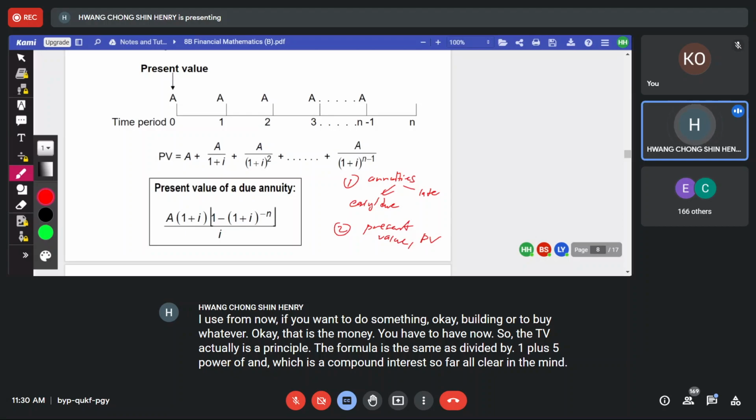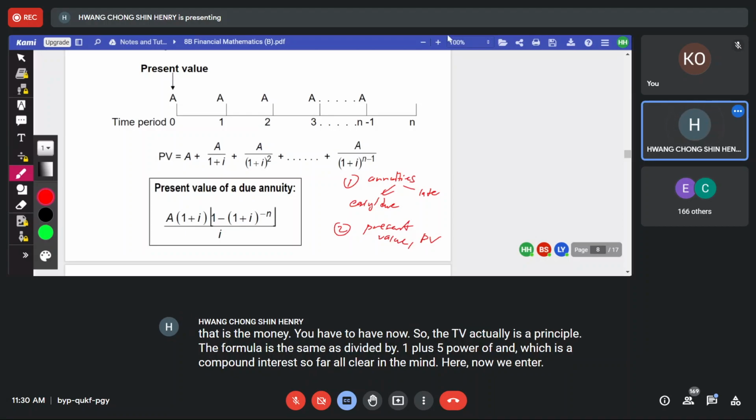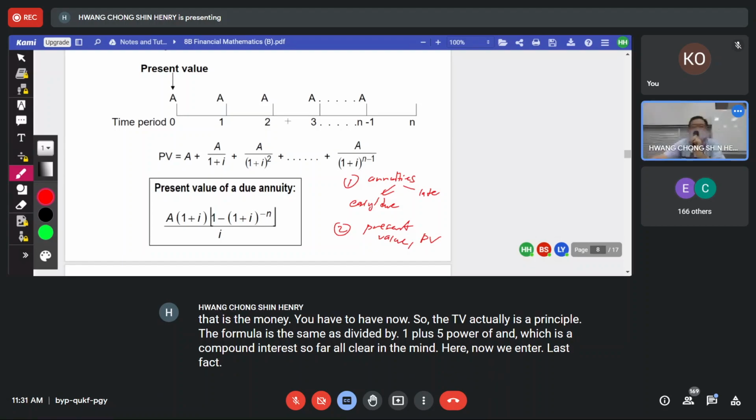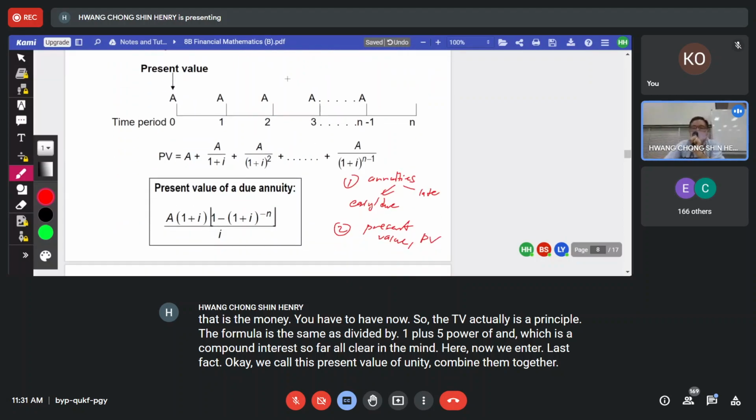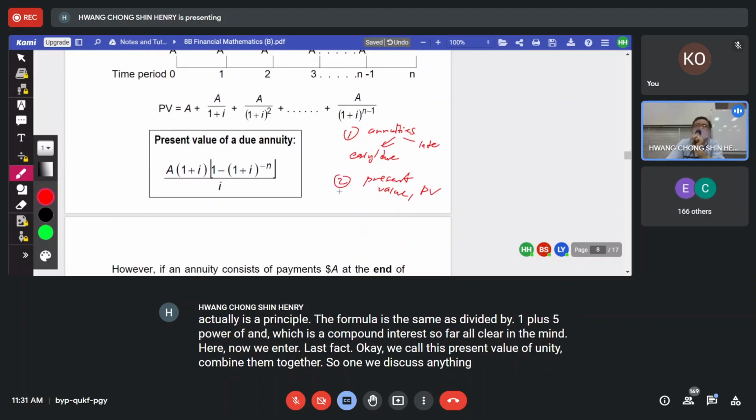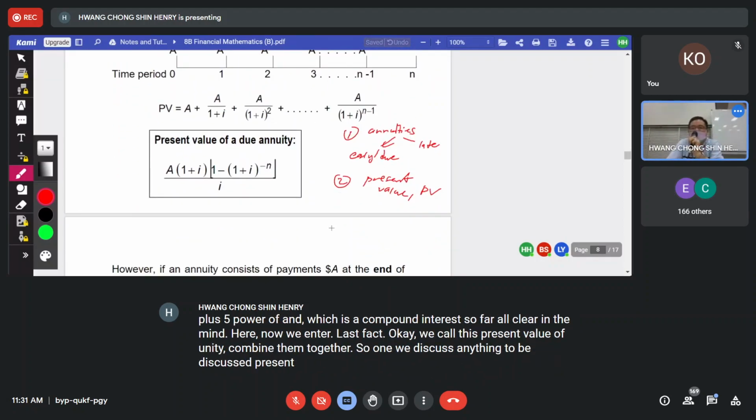Okay, now we enter the last part. We call this present value of annuity. Combine them together. So 1, we discussed annuity. 2, we discussed present value. 3, combine them together: present value of annuities.